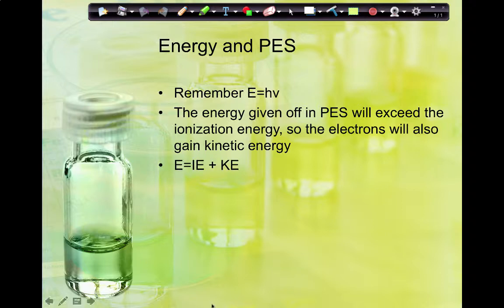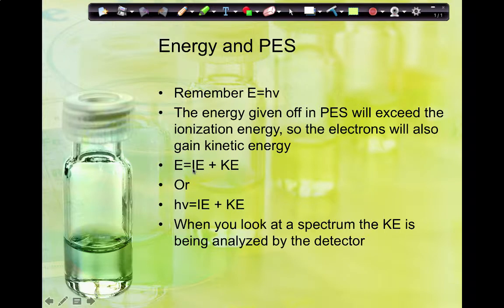So the energy that you see on the PES is actually equal to the ionization energy plus the kinetic energy of that moving electron. So the energy that we put into it is a little bit higher than the actual ionization energy. And we can also rewrite this using this equation too. Now, when we're looking at this information, I honestly don't think you're going to have to do anything with this equation, but I just want you to note that the energy that the PES reads out is actually a little bit higher than the ionization energy itself.